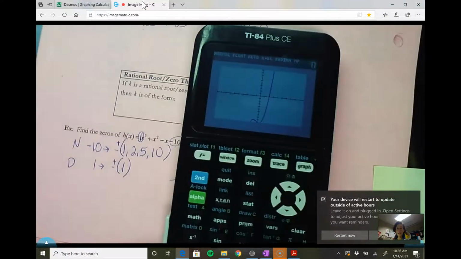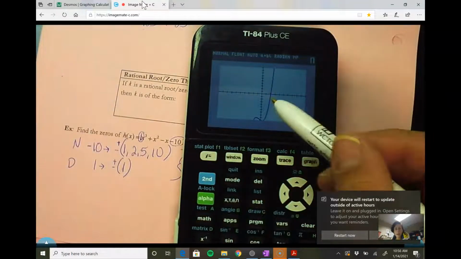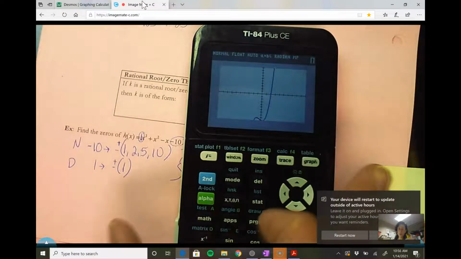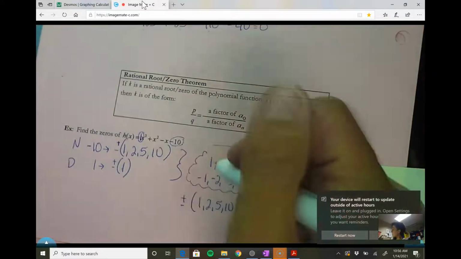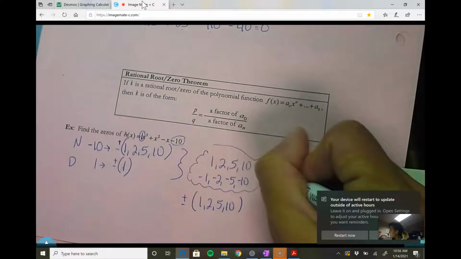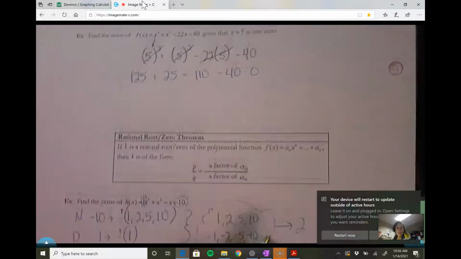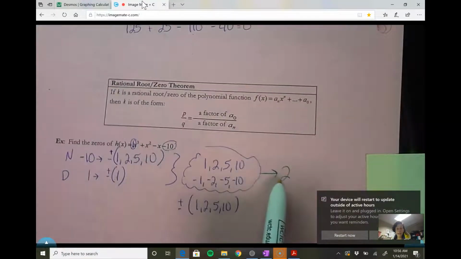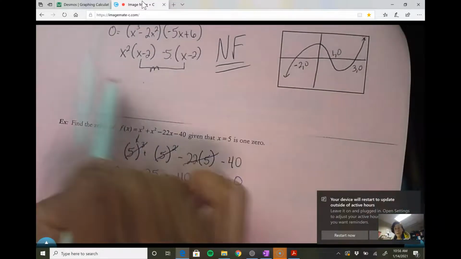All right, so this is the shape, and I don't know how well you can see that, but that's actually 2. Just trust me, it's 2. I'm not going to check it out. So as it turns out, in this list of numbers, 2, if I put it in here, I would get 0 at the end. And then 2 will help me factor this.